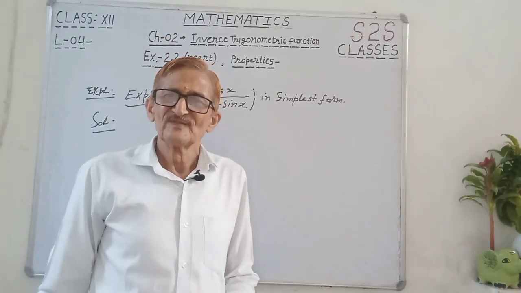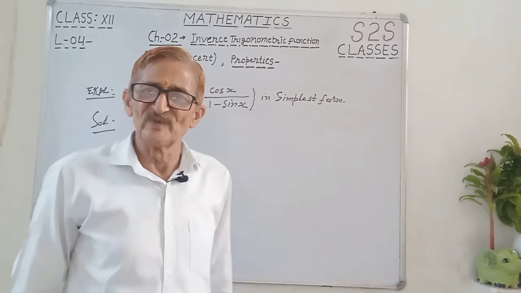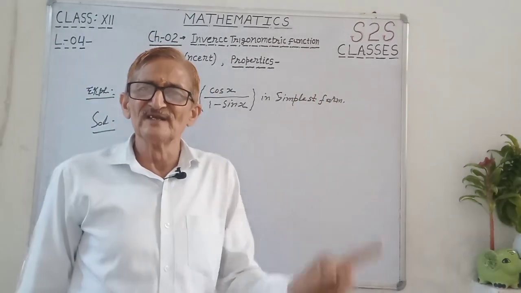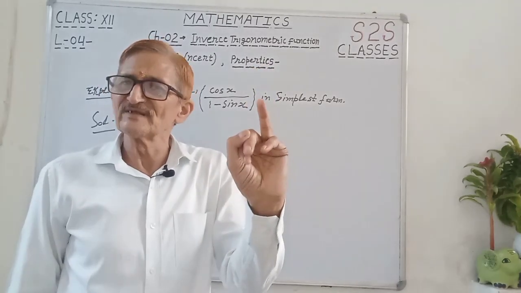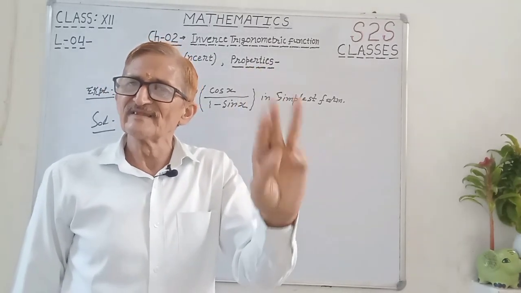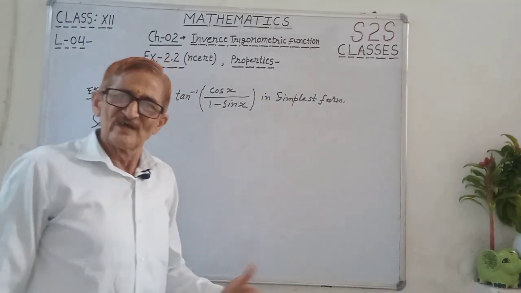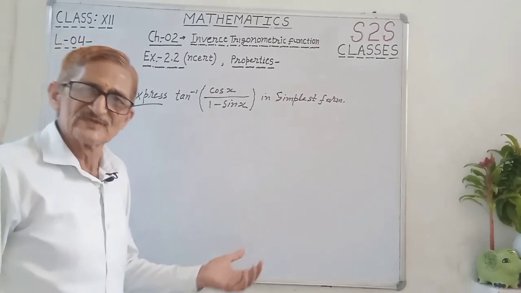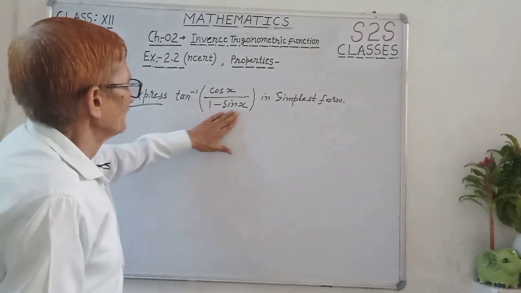Number 4, 1 minus tan square x by 2 upon 1 plus tan square x by 2. So purely in cos, first identity; purely in sine, second; mixed cos and sine, third; and fourth, purely in tan. We should remember where we have to go according to our question and use that. Okay, so here how can we simplify the denominator 1 minus sin x?